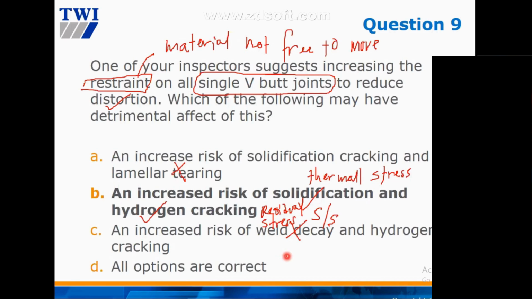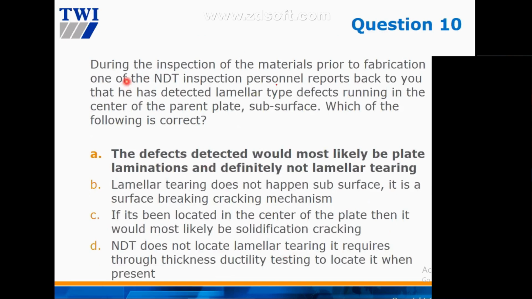All right. Number 10, last question. During inspection of material prior to fabrication, one of the NDT inspectors reports back to you that he has detected lamellar defect running in the center of the parent plate prior to fabrication, meaning that is before welding. So before welding, you didn't get any type of crack.